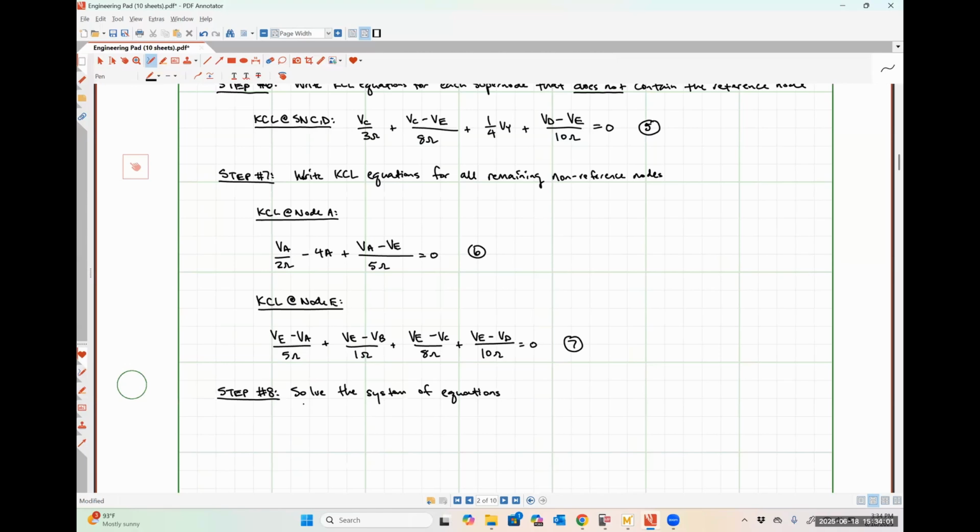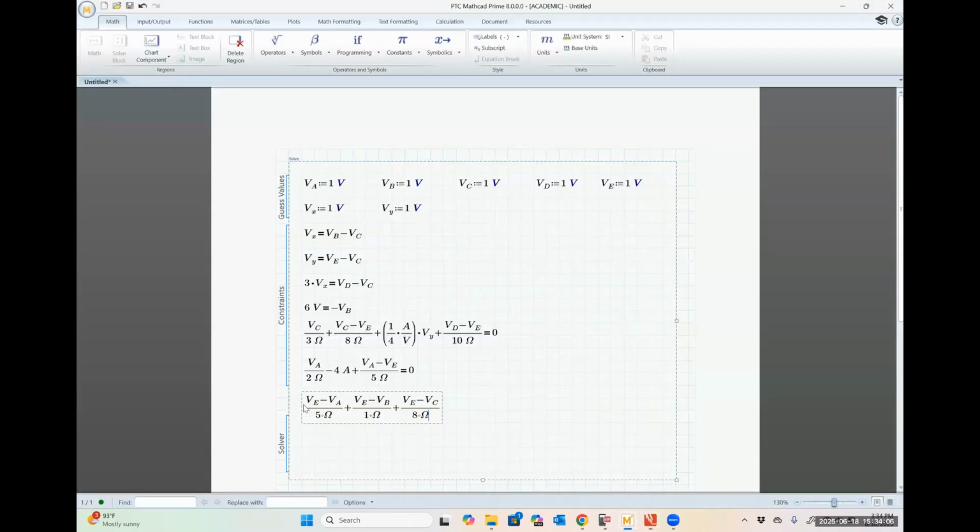Yep, and now VE minus VD over 10. So I've put in my 1, 2, 3, 4, 5, 6, 7 equations for my 7 unknowns. So the only thing that I have left to do is to solve this guy.